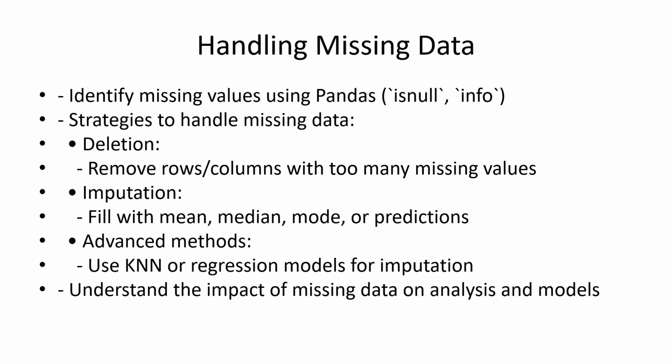Common strategies to handle missing data include deletion, where we remove rows or columns with excessive missing values, and imputation, where missing values are filled with statistical measures like mean, median, or mode. Advanced methods include using KNN or regression models for imputation, which can predict missing values based on existing data. It's important to understand the implications of each method to choose the best one for your dataset.